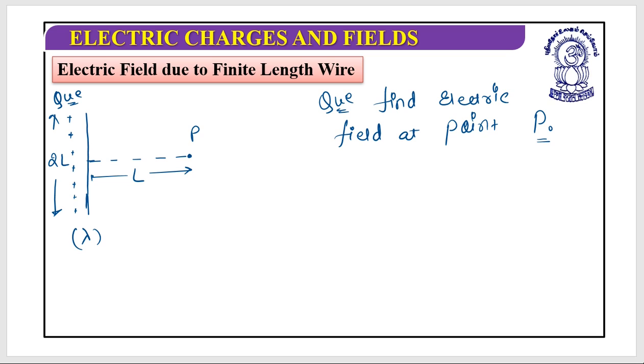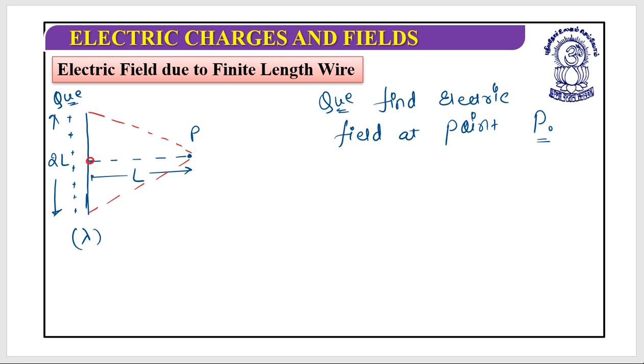What is your first step? Yes, you need to connect these two wires. Connect this point with the end of the wire. This is what I have done. Next task, I need to make an angle. Now look at this carefully.